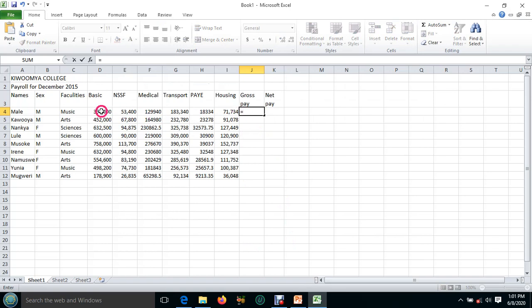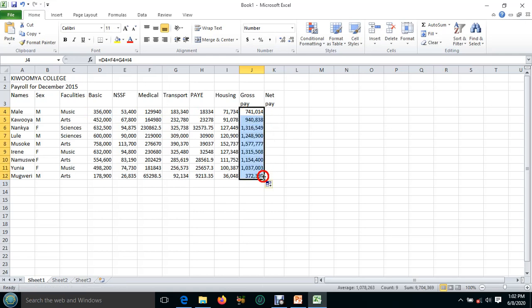Our basic for the first person is here, plus medical, which is here, plus transport, which is this, plus housing, which is here. Then enter, and you will be able to copy for the rest of the people.